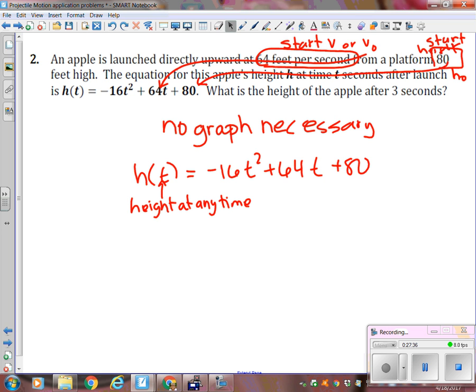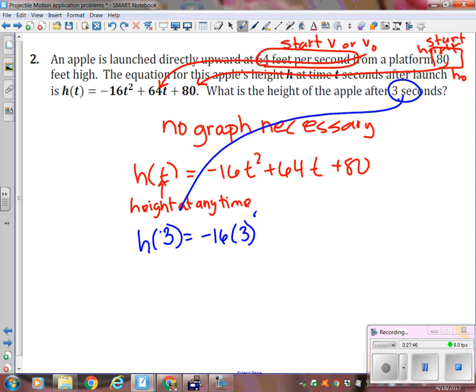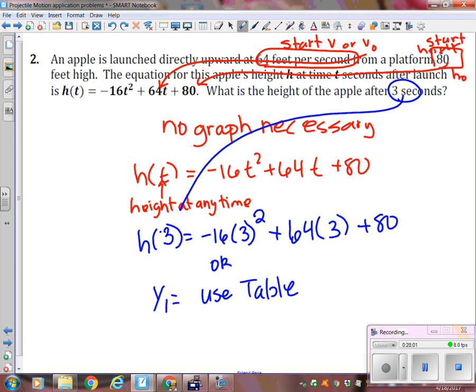If you do not want to type it in y equals, you could actually say the height at 3 seconds is equal to negative 16 times 3 squared plus 64 times 3, plus 80. Or you can type it in y1 equals and use the table. It's totally your call, whichever way you want to do it.